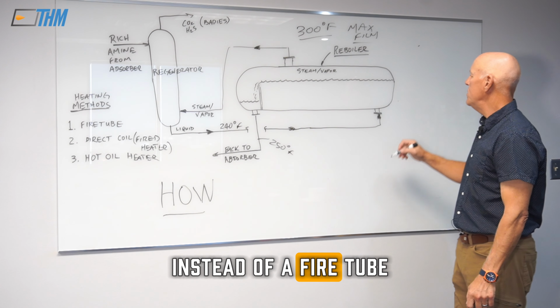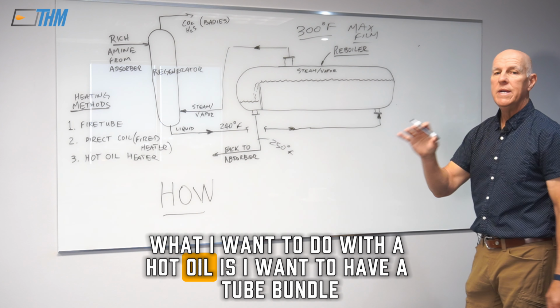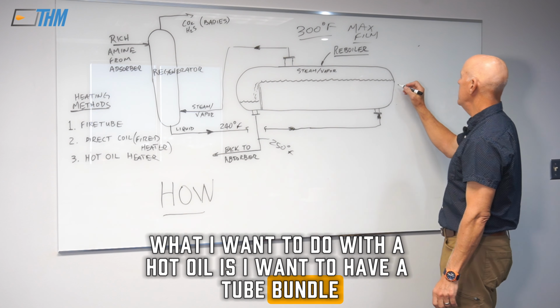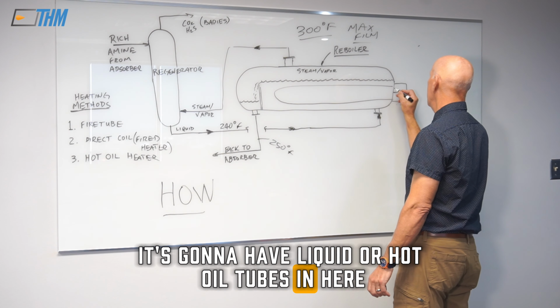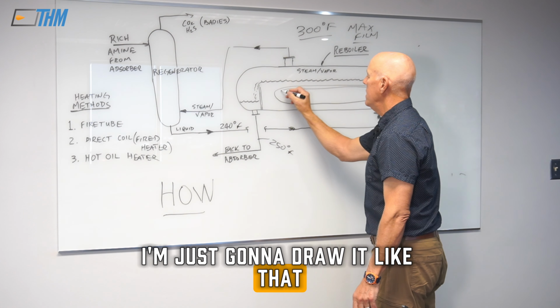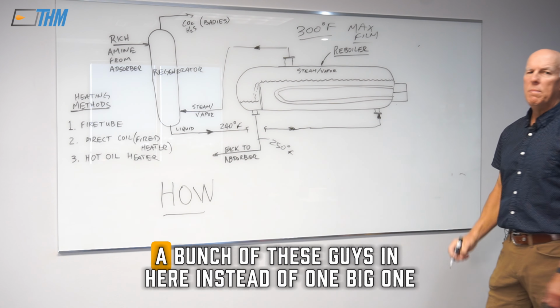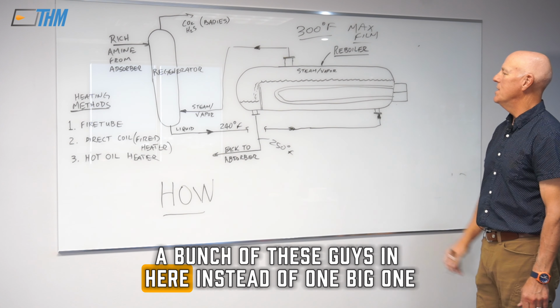Now instead of a fire tube, what I want to do with the hot oil is I want to have a tube bundle. I'm just going to draw something that approximates what that might look like. Instead of fire tube, it's going to have liquid or hot oil tubes in here. I'm just going to draw it like that. Typically there's a bunch of these guys in here instead of one big one.